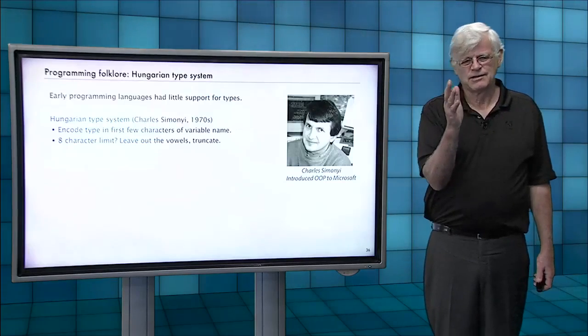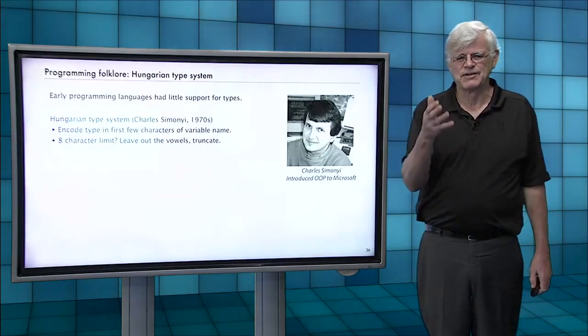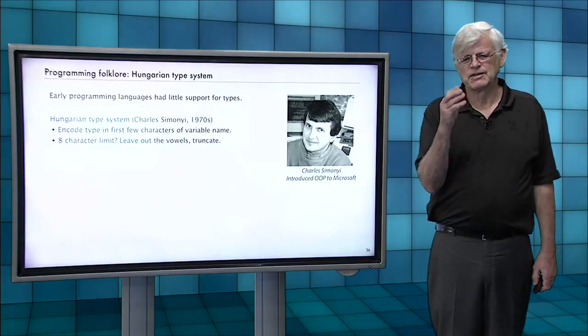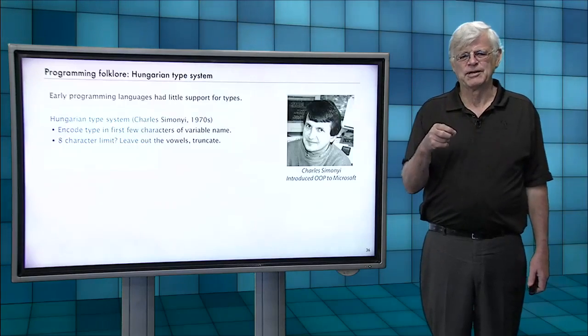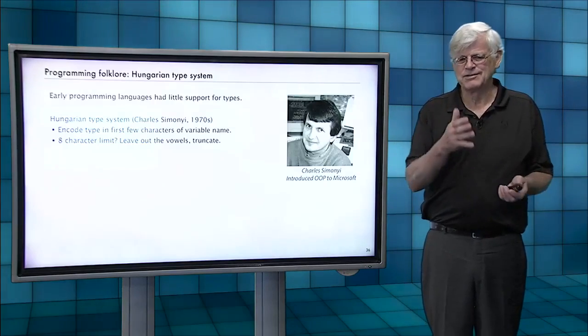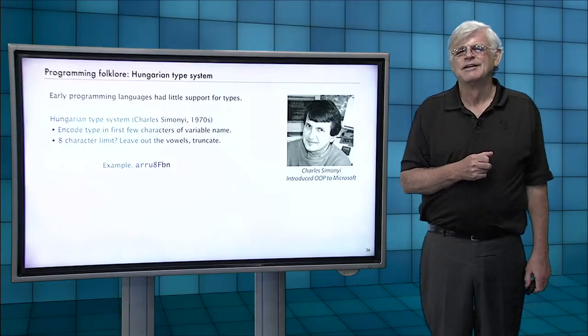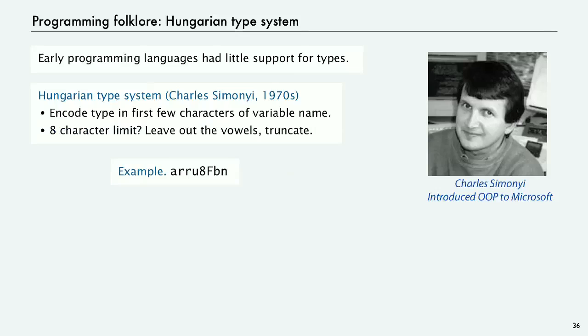But Charles said, well, I have to write programs that deal with strings and other types of data. I'm going to put the type in the first few characters of the variable name. Now, again, we had tiny computers, and there were limits, and so you could only have an 8-character limit, so he'd leave out the vowels and then truncate. So a typical variable name in Charles's code would be ARRU8FBN.